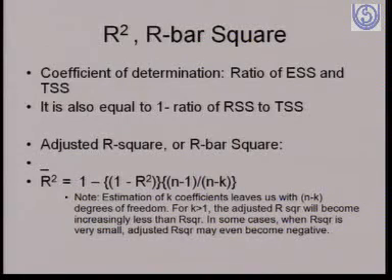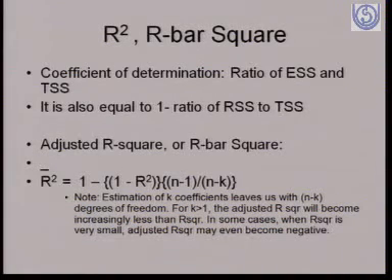We have the concept of R square, the coefficient of determination, here as well. That remains the ratio of explained sum of squares to the total sum of squares. This is also equal to 1 minus the ratio of residual sum of squares to total sum of squares. This concept is parallel to the concept for the simple regression model, but we have one more additional complicating concept, and that is adjusted R square or R bar square.